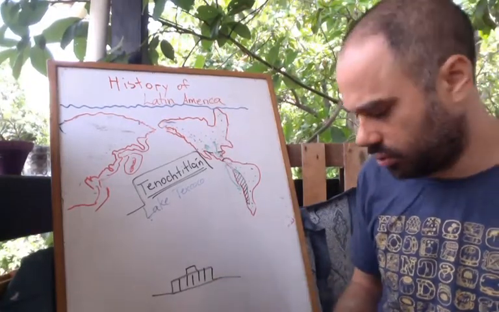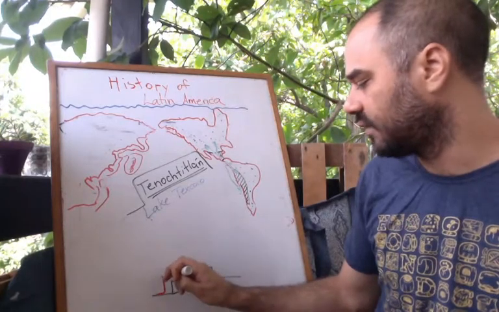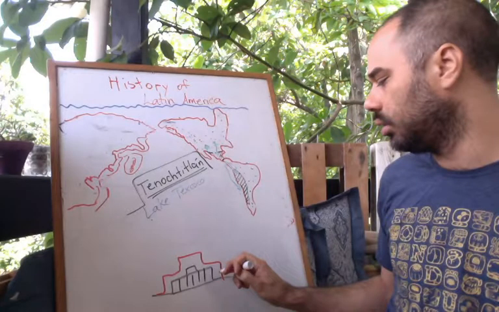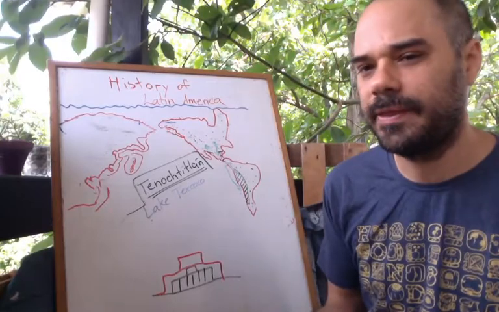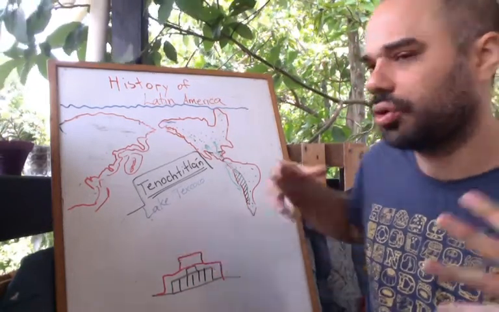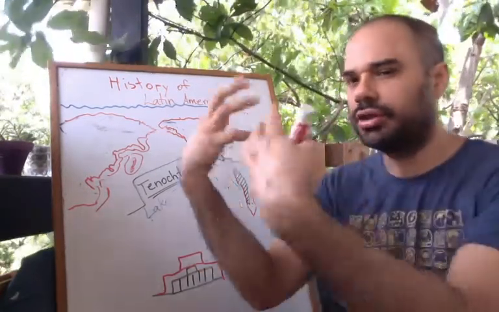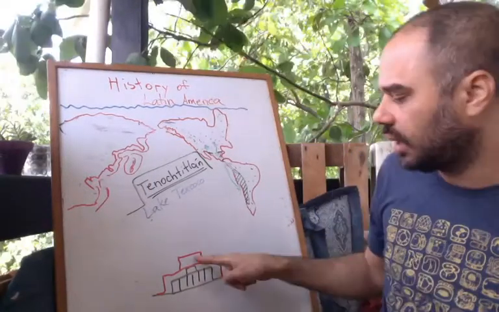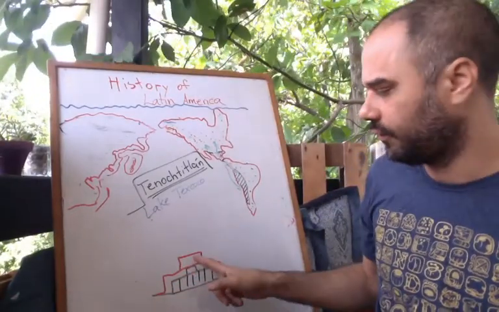The next ruler would make his temple over the old ruin, but conserving the previous ruin, showing that they were on the shoulders of, or above, like a continuum, showing their power but that they are the successors of the previous power.